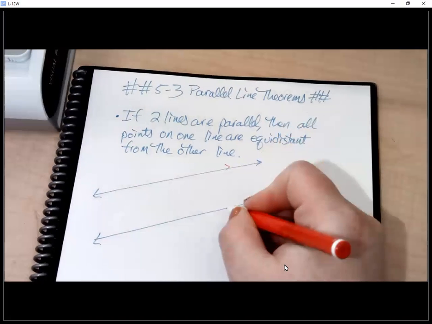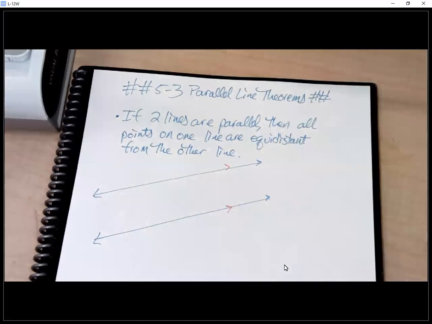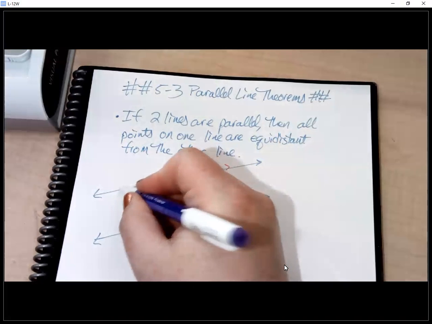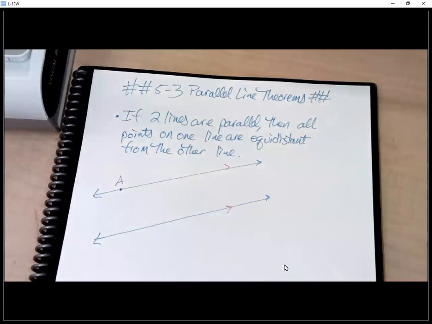What this theorem is telling us is that if I wanted to find the distance between, let me just pick a point on this line, let's say point A. Do you remember how we talked about measuring a distance from a point to a line? How do we do that? Like if I wanted to actually measure how far is point A away from this line right here, how do I measure a distance like that from a point to a line?